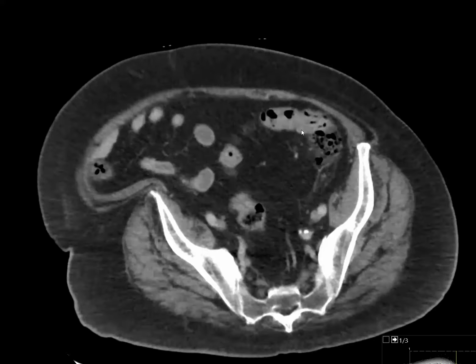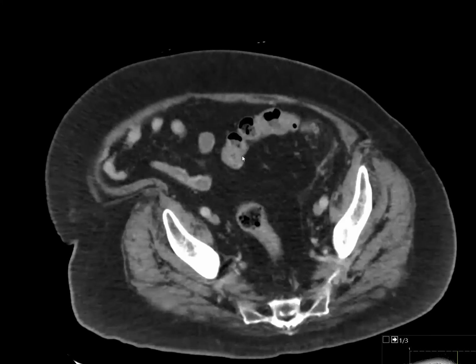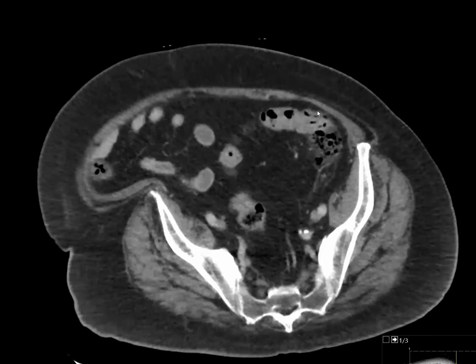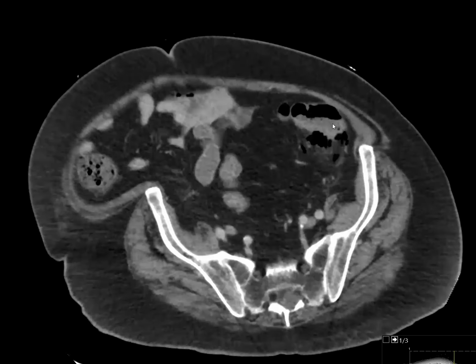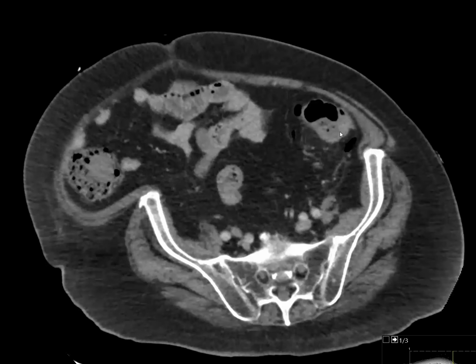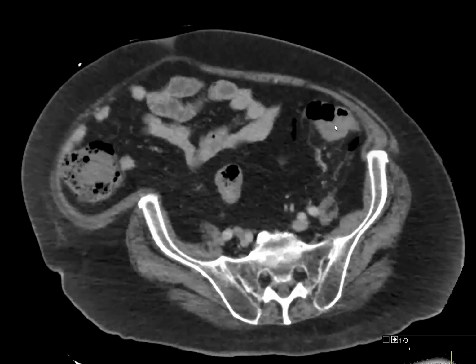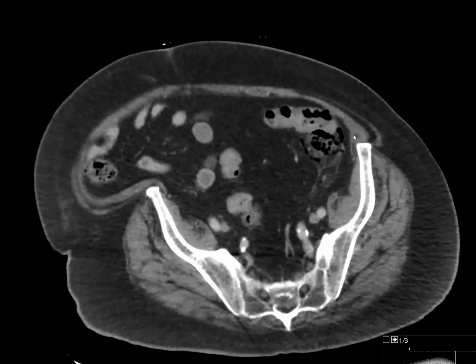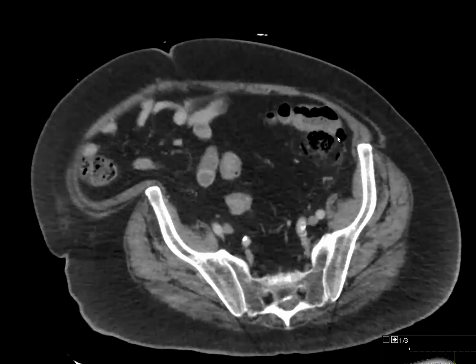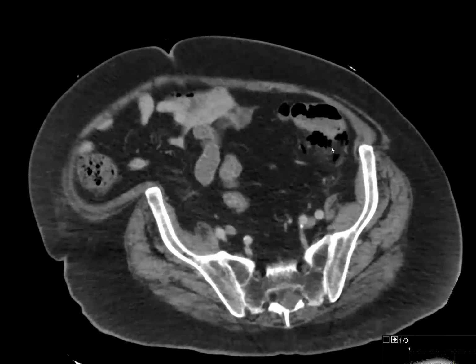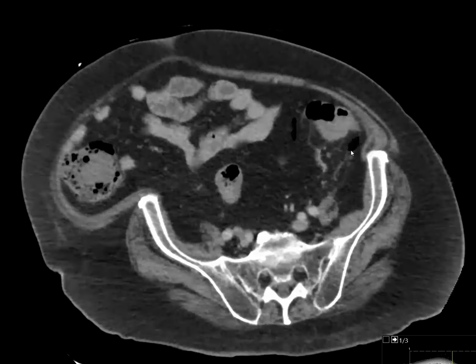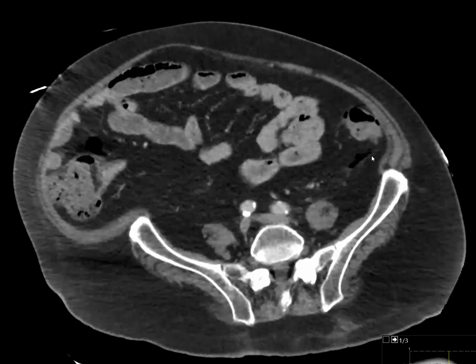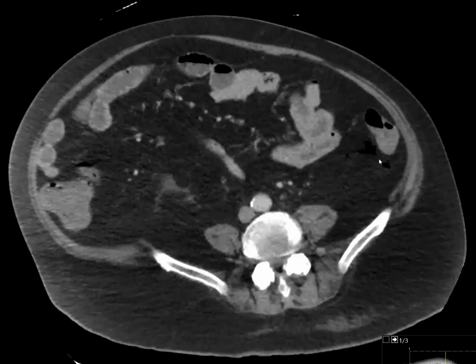Now, looking at the sigmoid colon, compared to the other part of bowel, you can see there's this mild thickening of the wall of the sigmoid colon right here, very subtle increase in thickness. And right next to the sigmoid colon, you see there's this area of heterogeneity, fat stranding, and areas of air in it. And this air is seen tracking along the posterior wall of the descending colon.